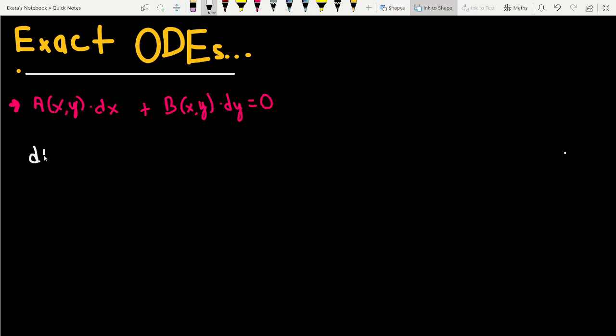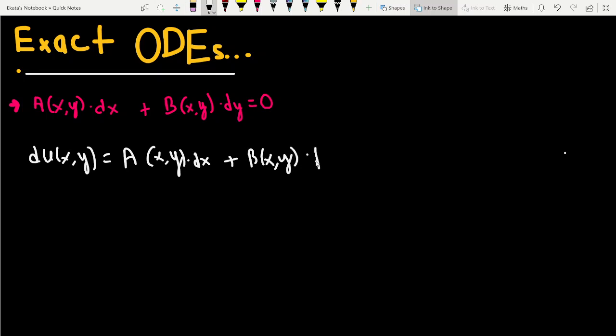If you have studied my lectures on partial differentiation, the differential of a function can be represented in this form: A(x,y) dx plus B(x,y) dy, where du is equal to 0.